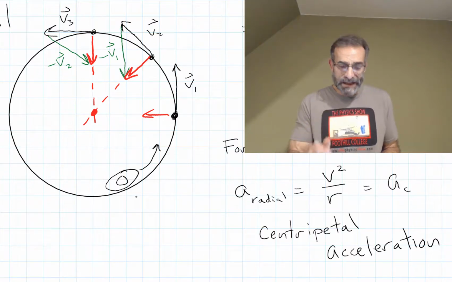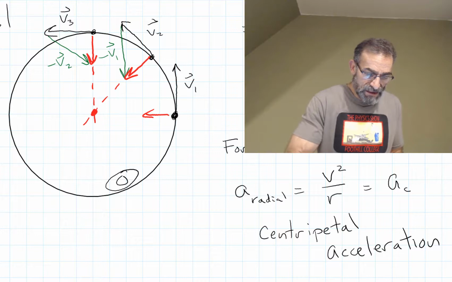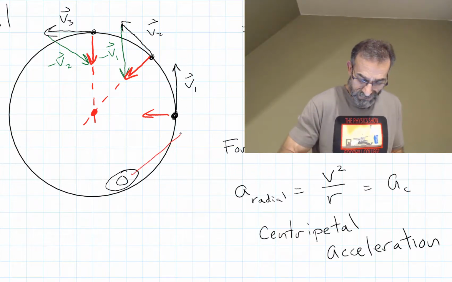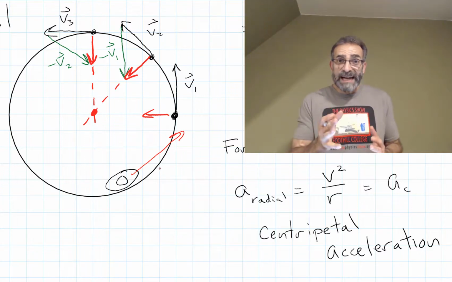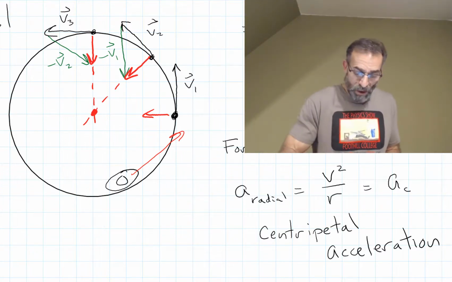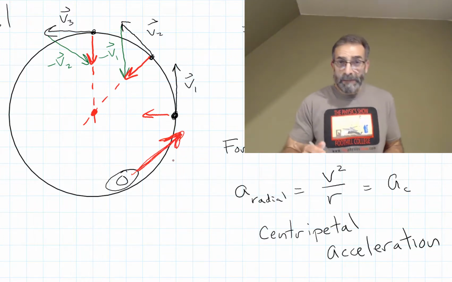What's really happening is that your body is moving in this direction at some instant in time. Your body has inertia, and it wants to go in that direction. It wants to go in a nice straight line in this direction. But what happens?